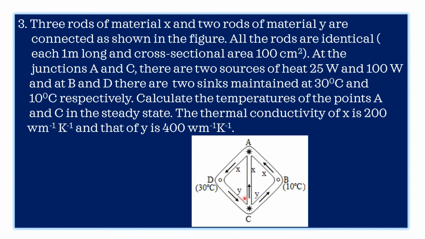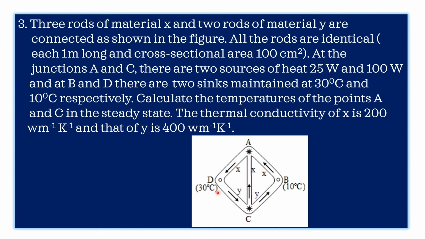In this figure, 3 rods of material X and 2 rods of material Y are connected as shown. All the rods are identical, each 1 meter long, and its area of cross section is 100 centimeter square. At the junctions A and C, there are two sources of heat, one is 25 watts and another is 100 watts.